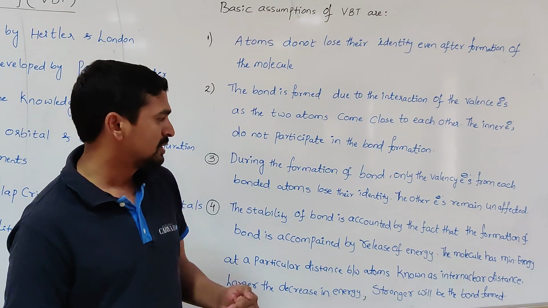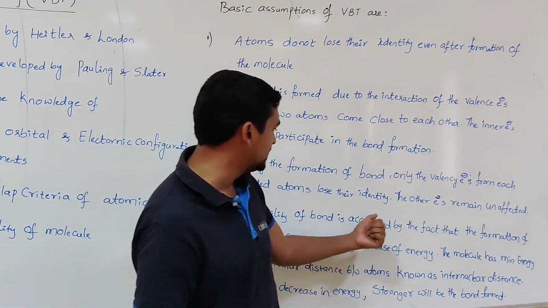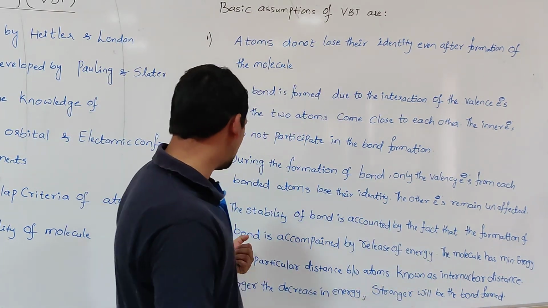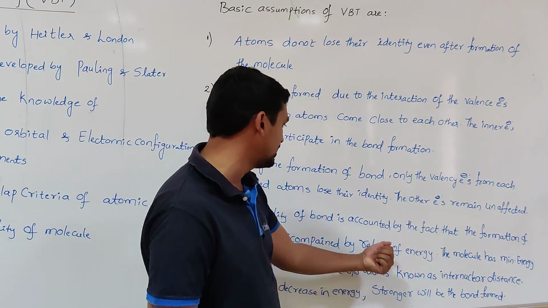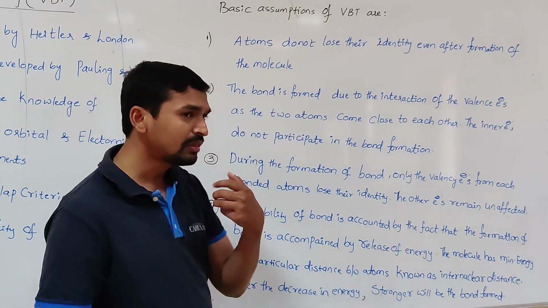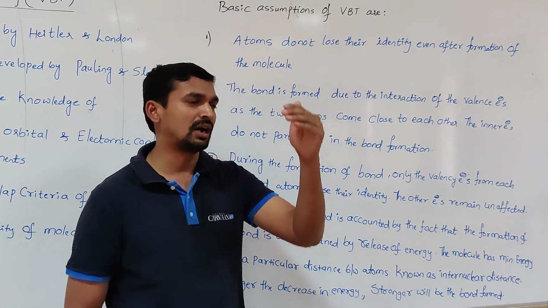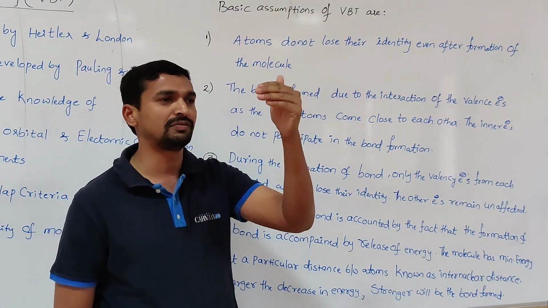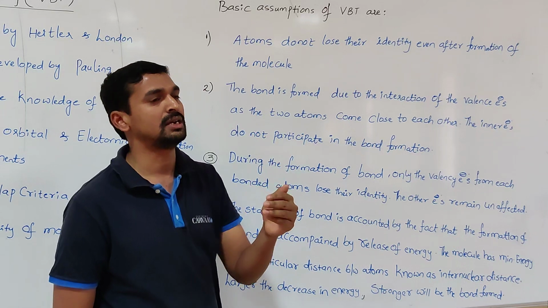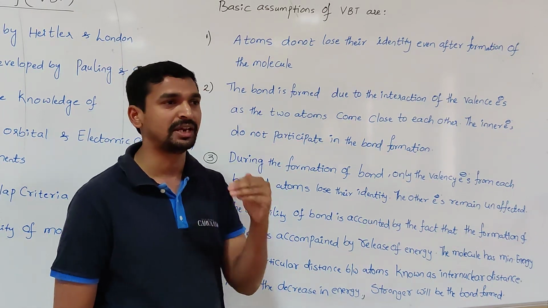Simply, the stability of a bond is accounted for by the fact that the formation of a bond is accompanied by the release of energy. Generally, when two atoms come very close to each other, a certain amount of energy is released and the system reaches the minimum energy.